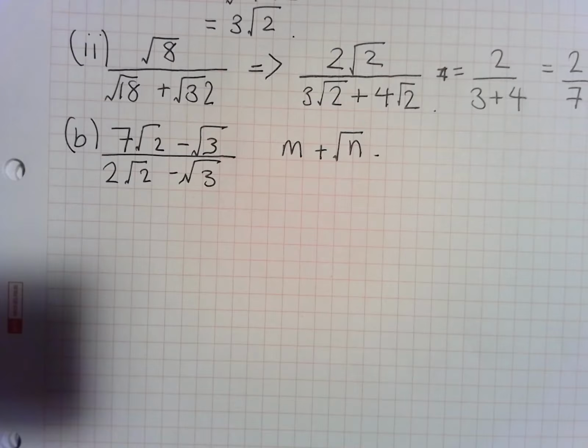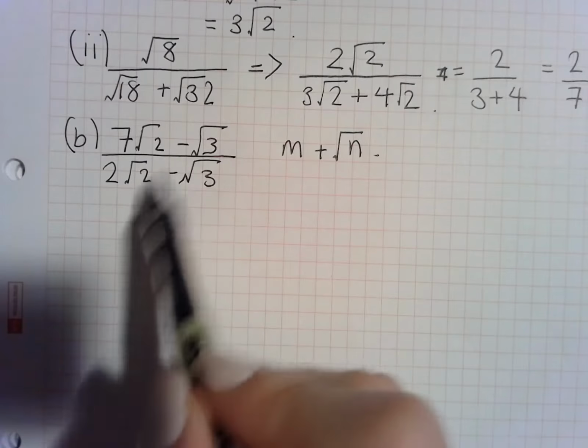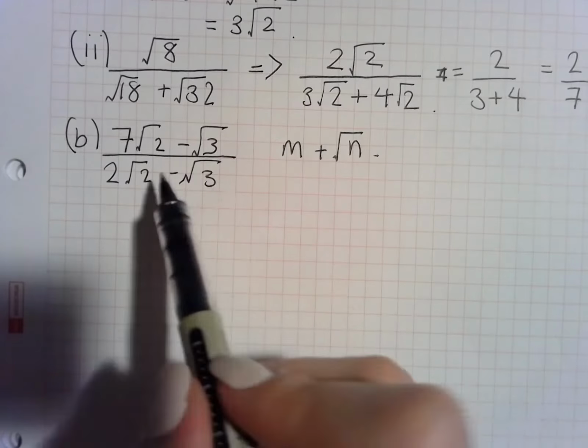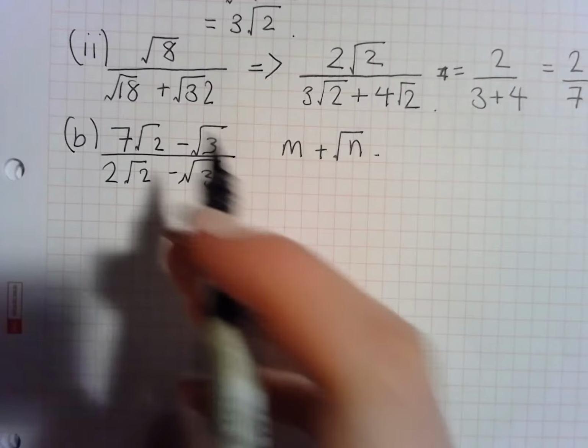So we do this by multiplying by the opposite of what the sign at the bottom is, and that gets rid of all of the roots in the bottom.